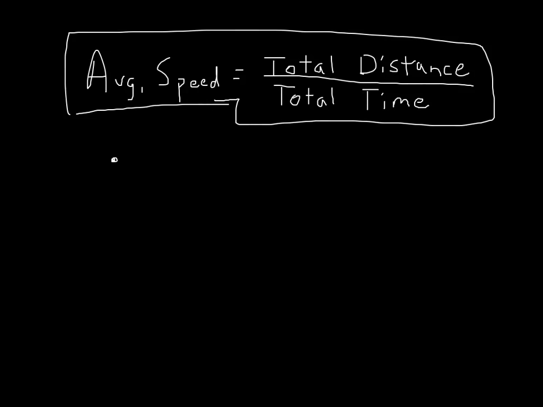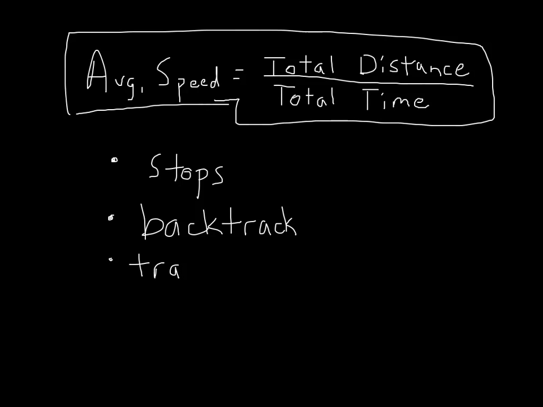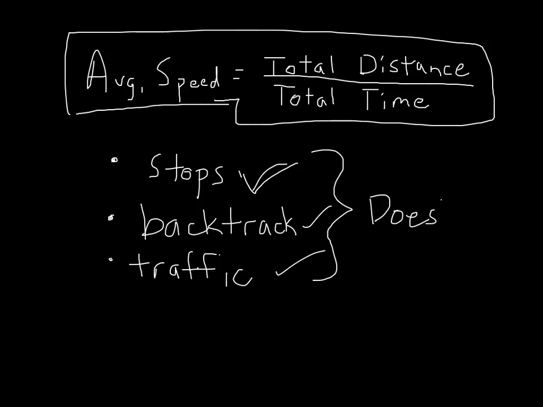Let's say you're making a trip and you stop on the trip. Let's say you backtrack. Let's say you get stuck in a traffic jam as you're driving along. None of this stuff, this stop, this backtrack, this traffic, will be accounted for in your average speed. Average speed doesn't care about anything except for the distance you go and the time that it takes you.